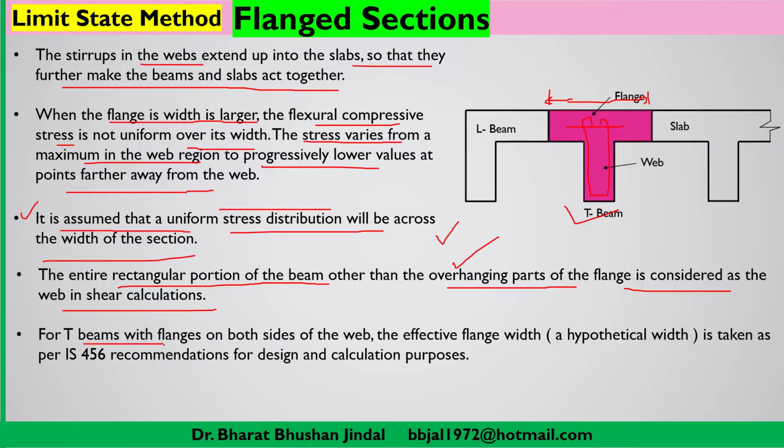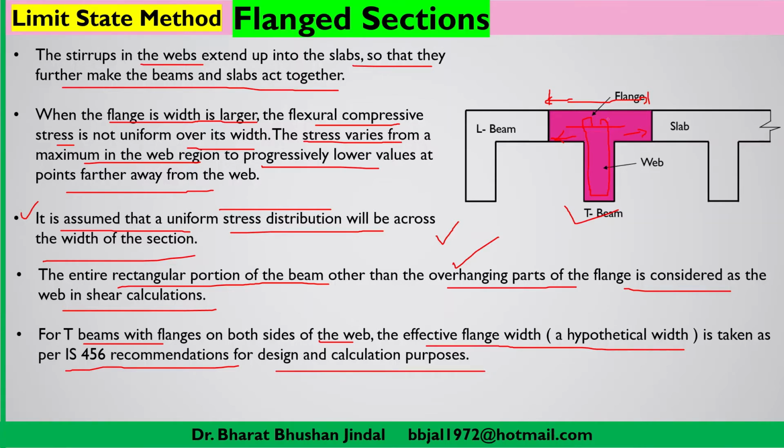For a T beam, the flange is on both sides of the web, and we have the effective flange width. Now, it is just a hypothetical value. That means what will be the effective width of the flange as per the IS code. We will take into consideration the guidelines given in IS 456 for design and calculation purposes.